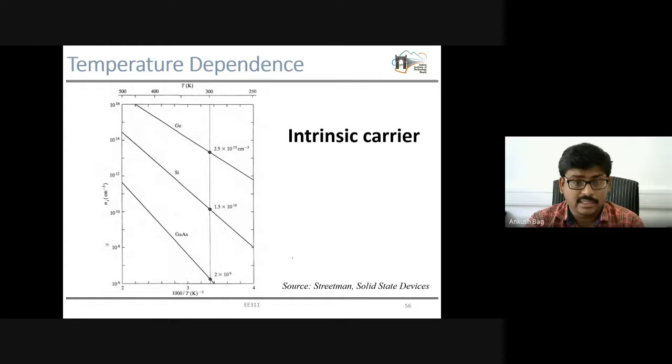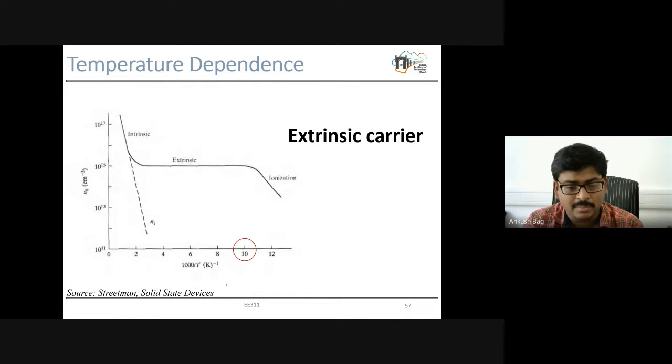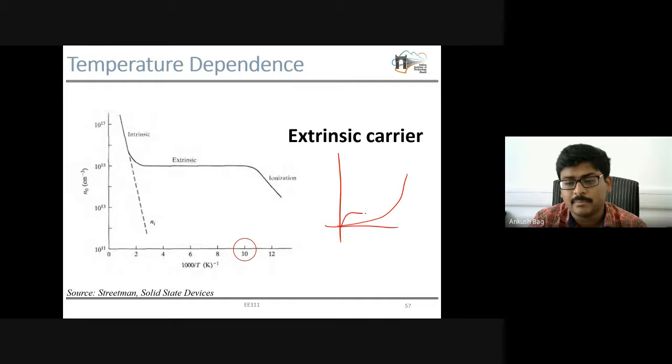Again, this is the variation of intrinsic carrier concentration with the temperature, and this is something we have already discussed, if we remember. If we quickly recall, this kind of graph we have already drawn.